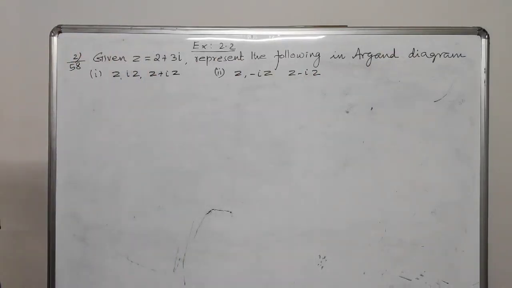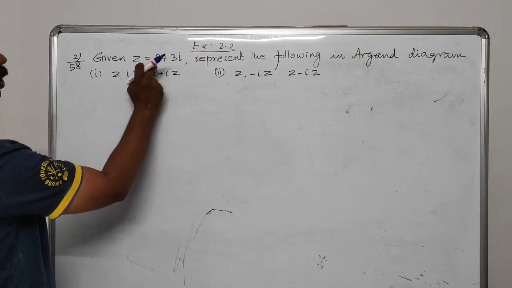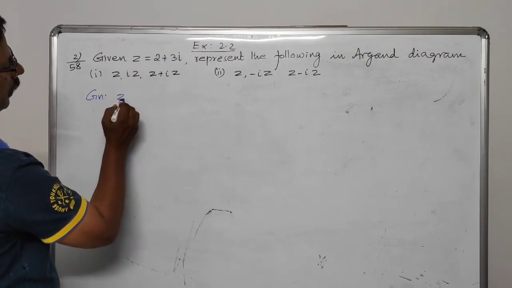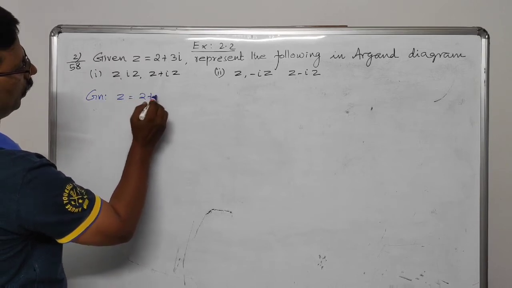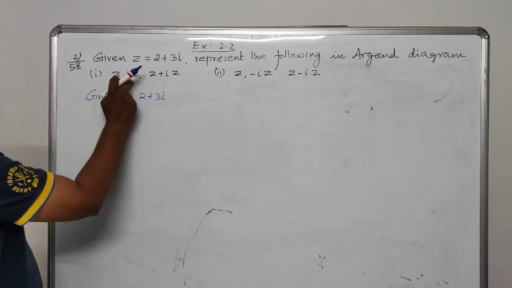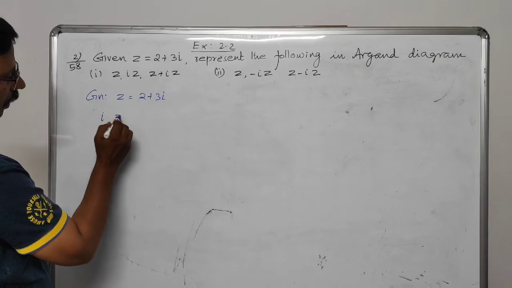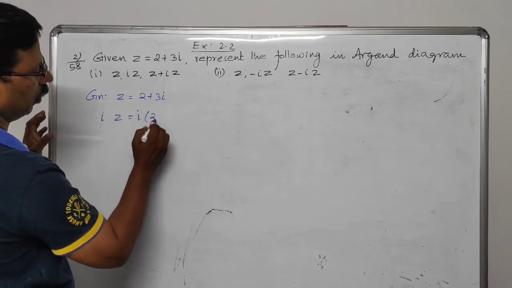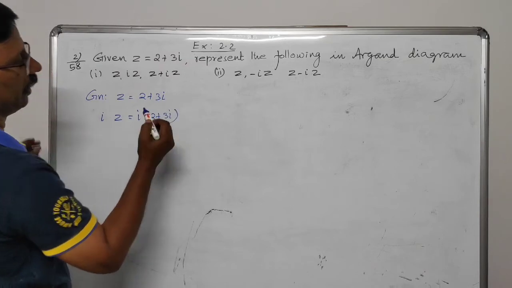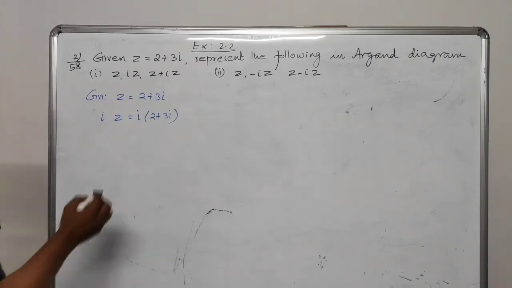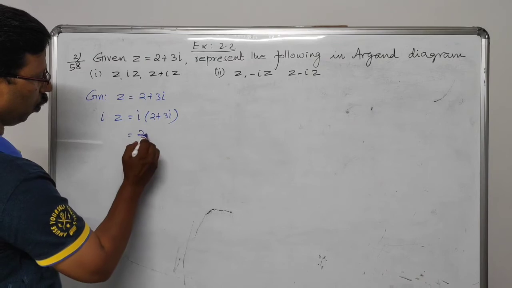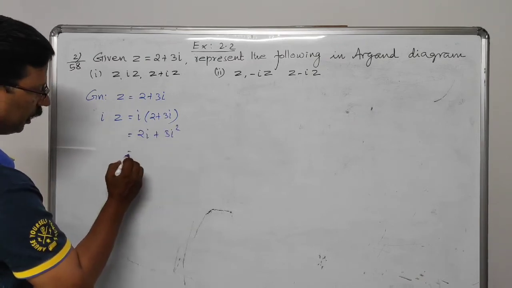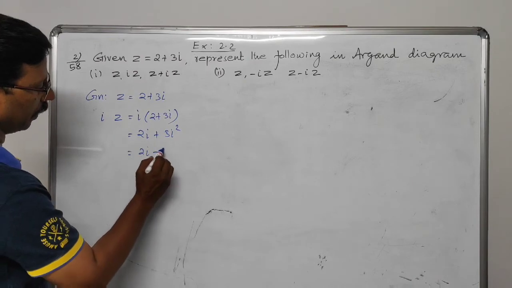Now here, first z is given, z equal to 2 plus 3i. Then you have to find iz. iz means we have to multiply z by i: i into (2 plus 3i), which is equal to 2i plus 3i square, which is equal to 2i minus 3.